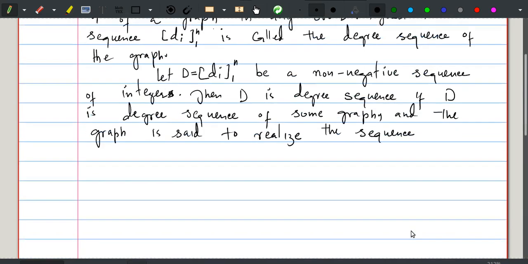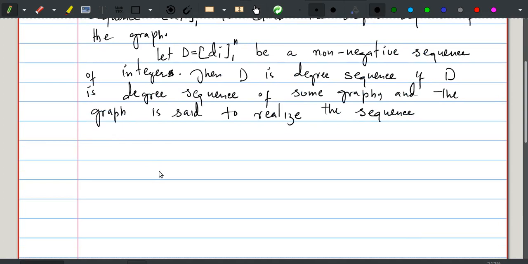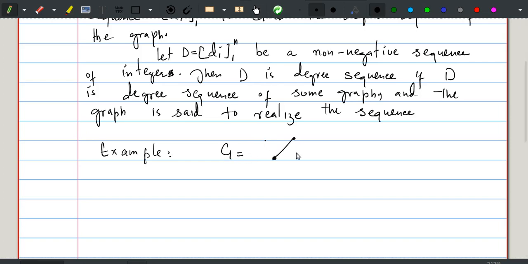Let's consider an example. Let G be the graph given like this.